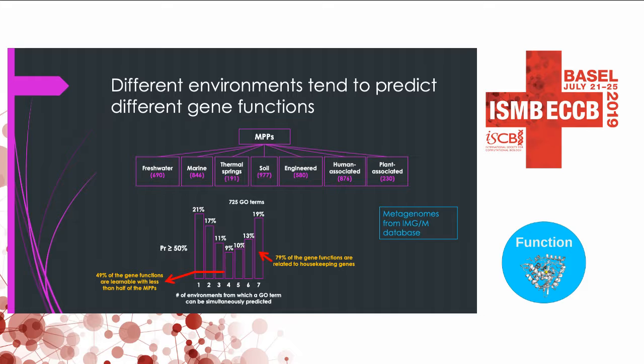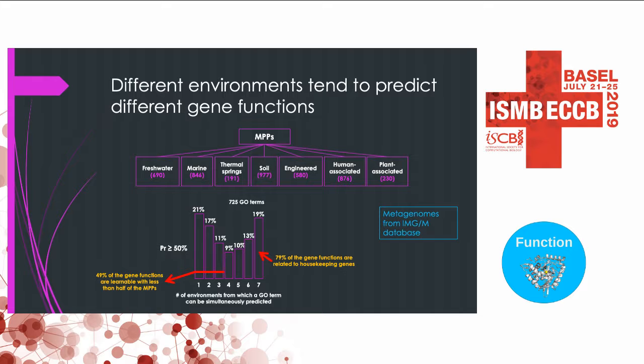We constructed MPP for each environment, and then we measured complementarity as a proportion of gene functions that are simultaneously learnable by a different number of MPPs.